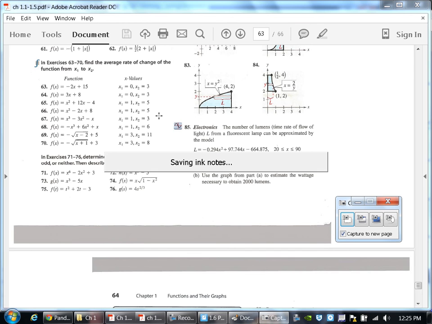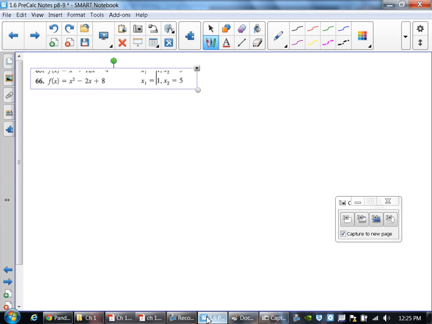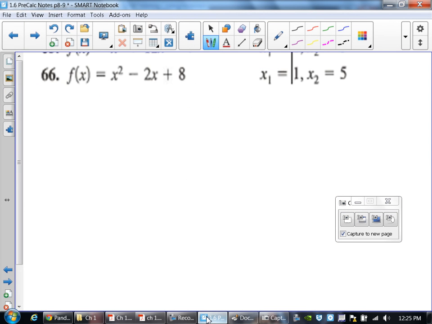Average rate of change function. This is that average rate of change. Tomorrow. I told you that last week.